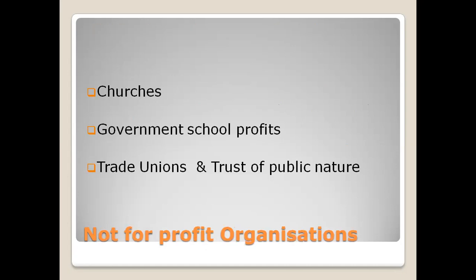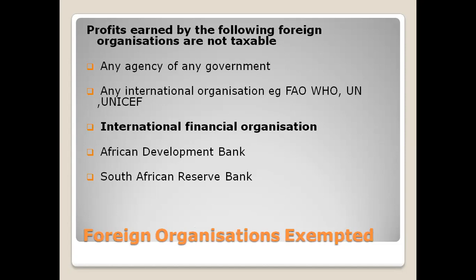Then also profits or incomes earned by churches, by government schools or tertiary education organizations that are government owned, and trade unions that are of public nature. All these are exempt income. So when you get them, you put them under gross income, then you exempt the portion that is also allowed as an exemption. Then the last part that we covered, foreign organizations, when they make profit or receive income, the income is tax-free.